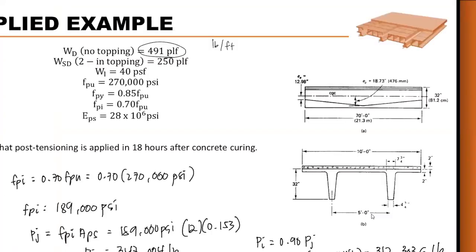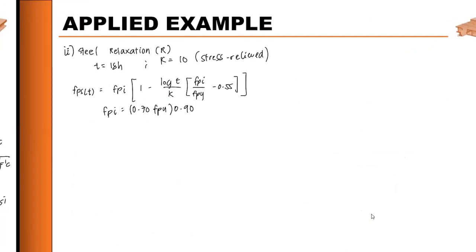Ang FPY natin is 0.85 ng FPU and FPU is 270,000. Okay? So, FPU is 270,000. FPY is equals 0.85 ni FPU or 0.85 ni 270,000.